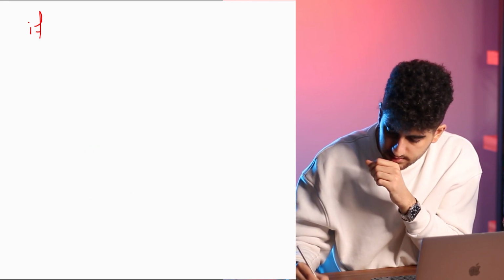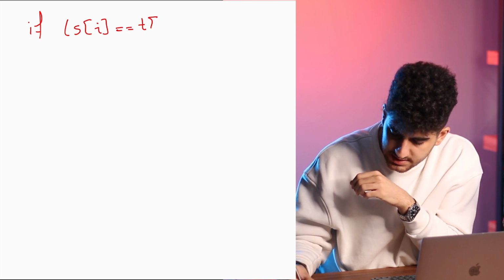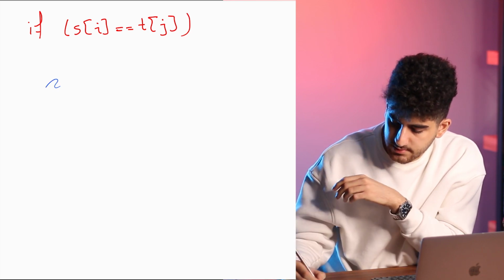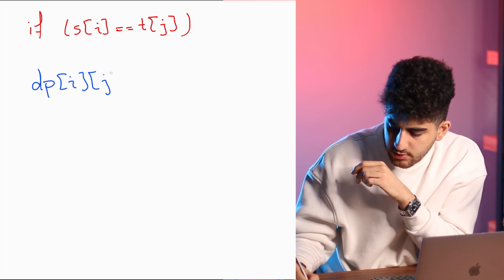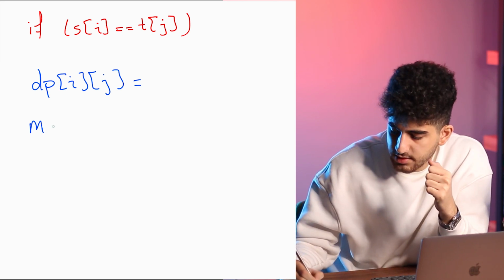So in this case, if S of I is equal to T of J, I can say that dp of I and J will be equal to maximum of these three values. There are three cases.